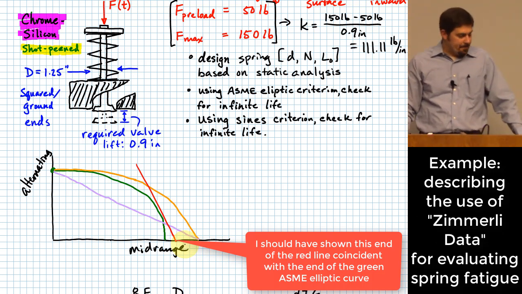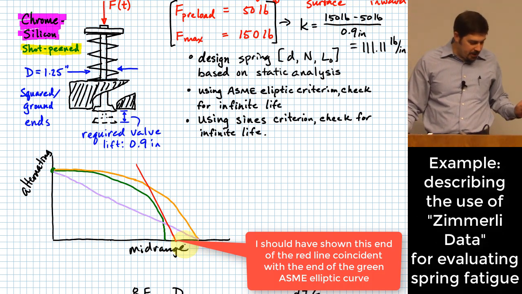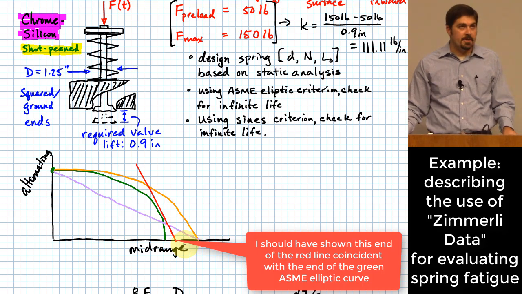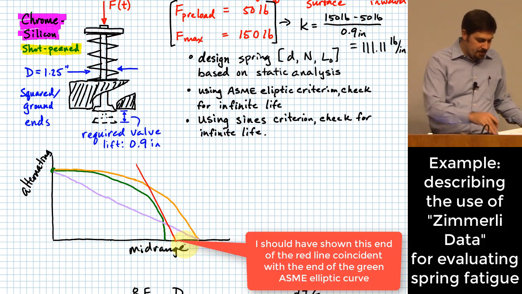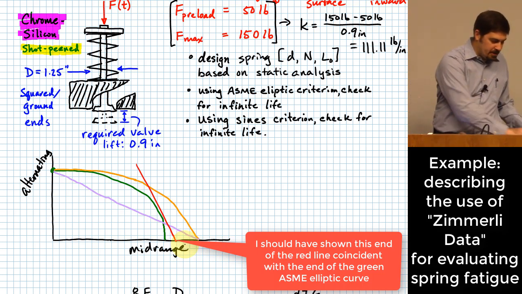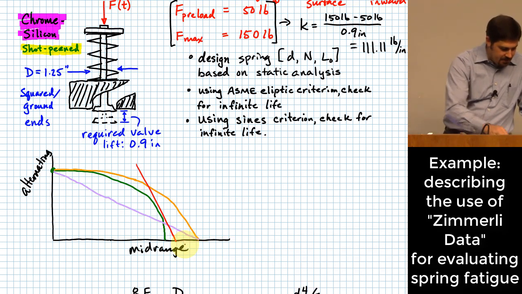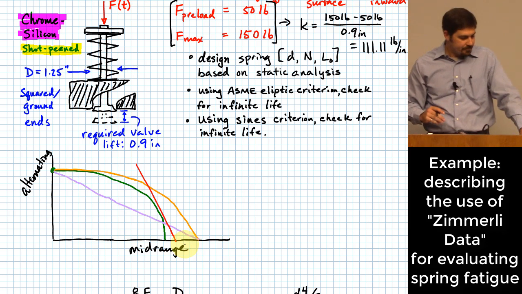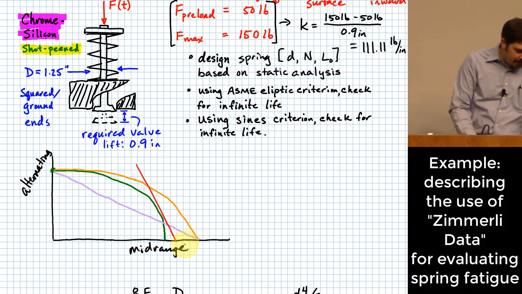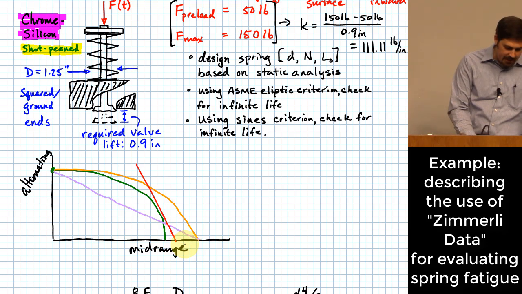Now, here's the thing. We have a strange form of information that comes to us in terms of knowing the strength of a spring material against fatigue. Okay, and that's where this idea of Zimmerli data comes in. On page 528, there's two equations given, equation 10-28 and 10-29.